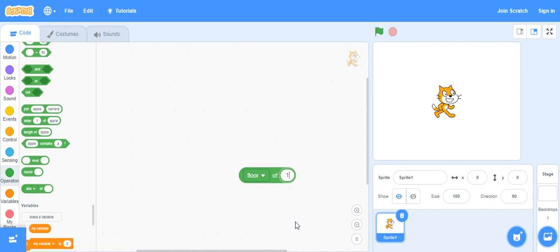So suppose we have the number 150. According to the rounding off rules, the rounded off number should be 200. But it is showing 150 only.